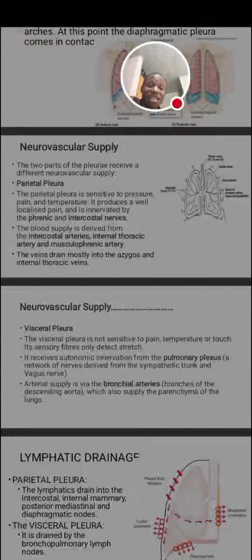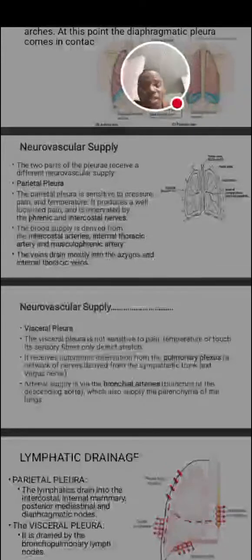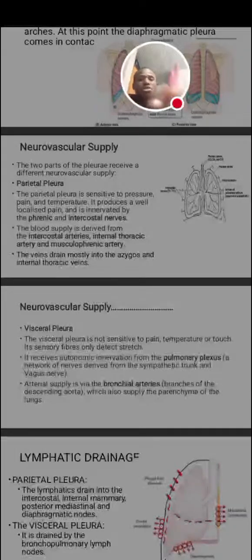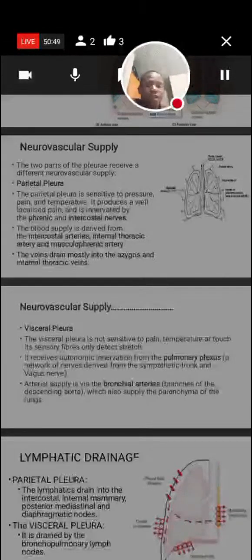From ascending lumbar to the subcostal, inferior vena cava drops a branch that also goes to the subcostal. Subcostal sends to the hemiazygos. Hemiazygos sends to the accessory hemiazygos. Accessory hemiazygos drains into the azygos. Azygos drains into the superior vena cava, which drains into the right atrium. Okay, so now we are making progress. So we're able to capture the blood supply, the vein supply, and the venous drainage. All these structures supply them.